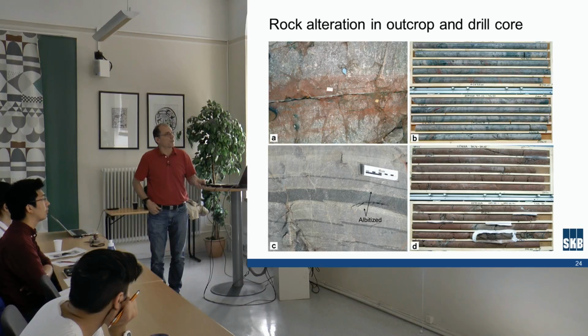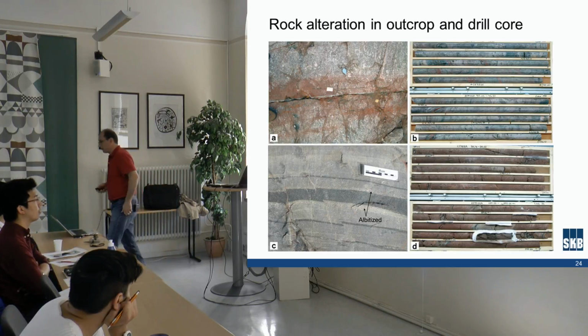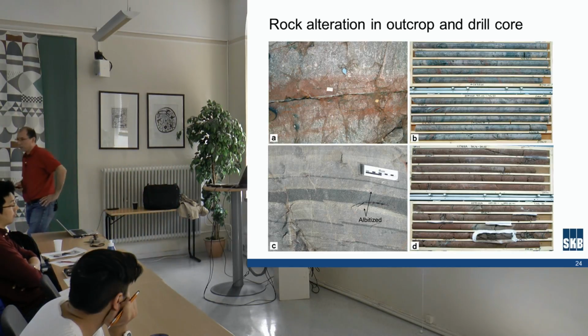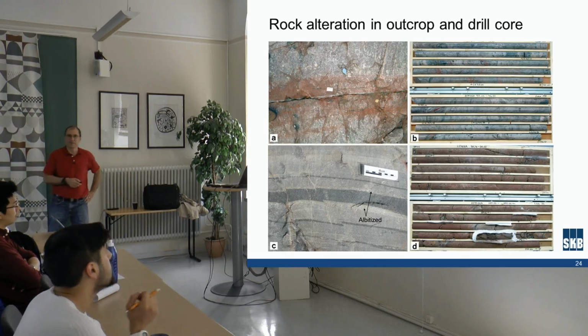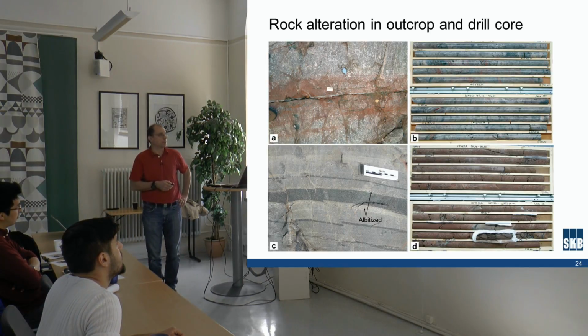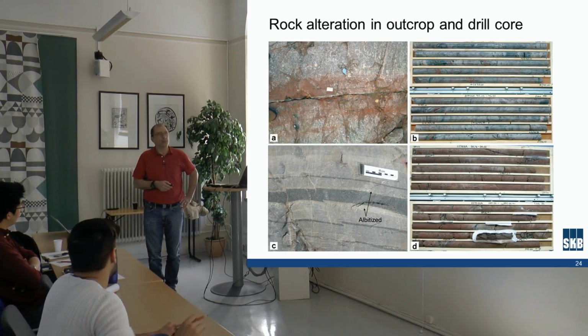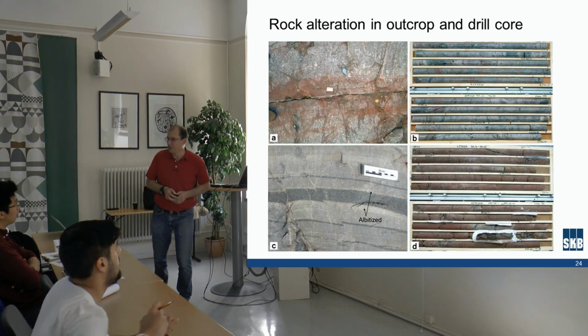Can you see which drill hole shows a deformation zone and which is more fresh rock? B is fresh and D is deformation. How do you know?